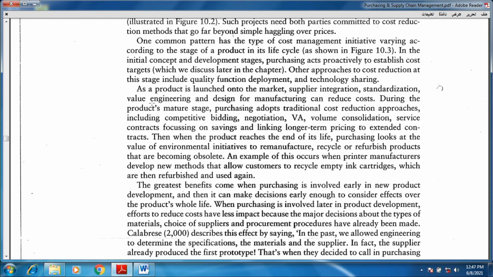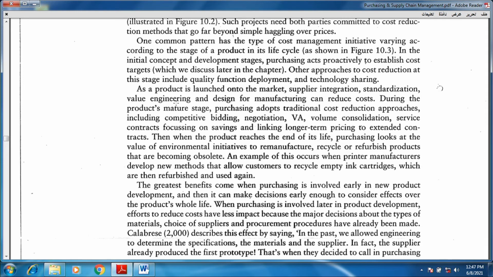Standardization is another idea. Value engineering means we make some modifications in the design to make the product simpler. The pieces of the product are fewer, so the elements engaged in the production are simpler, and we have a lightweight product or simpler design.